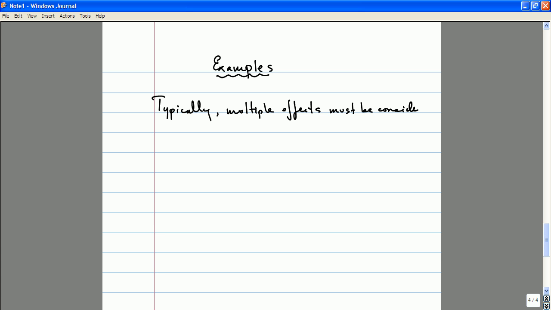It's usually the case that in order to make sense of a physical situation, a physical process in special relativity, one has to take into account both time dilation and length contraction, possibly the relativity of simultaneity and velocity addition as well. So let me give you an example.